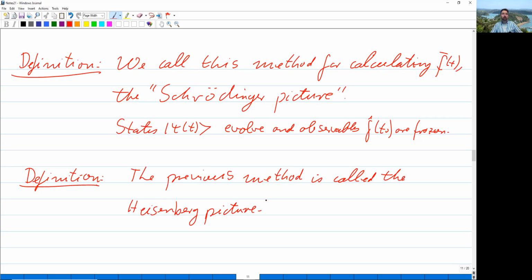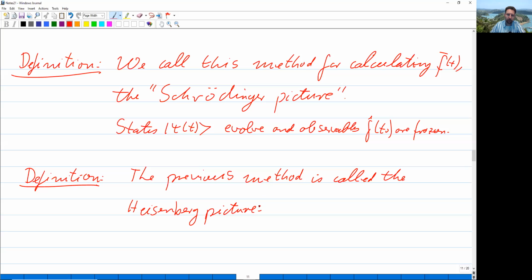What we did today, the showing of the equivalence of the Heisenberg picture and the Schrödinger picture, was first done by Dirac. Heisenberg came up with quantum mechanics first, then about half a year or so later Schrödinger, and then another half a year or so later Dirac showed that the two pictures, the two methods, are really the same, equivalent.